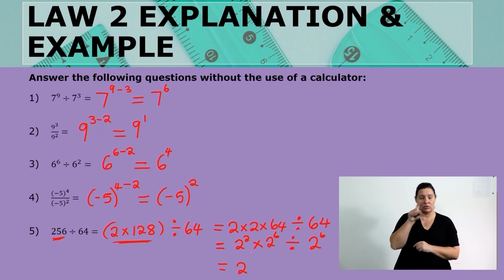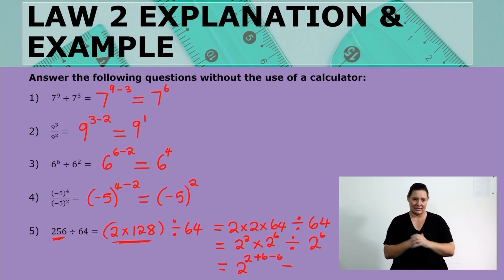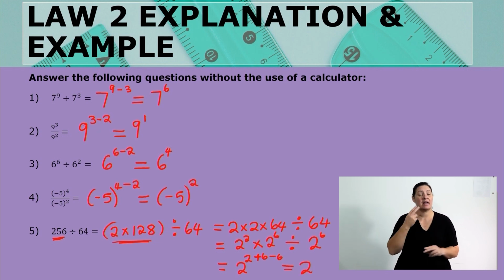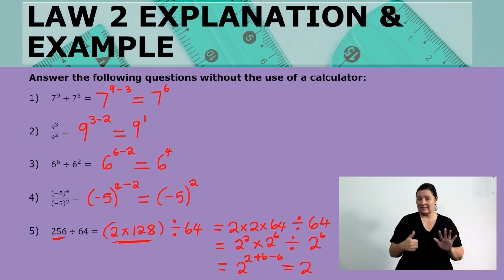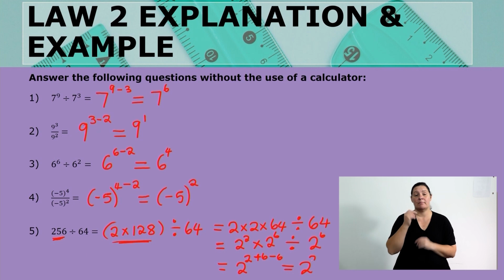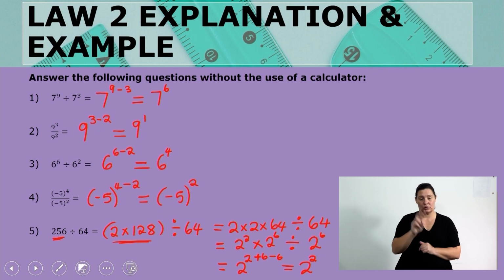So we can just say there that is 2 plus 6. And now that we are dividing by this power here, we are going to subtract our 6, which is going to give us a final answer of what is 2 plus 6, that is 8, and we are going to subtract 6, that is going to leave us with 2. So the answer there is 2 exponent 2.